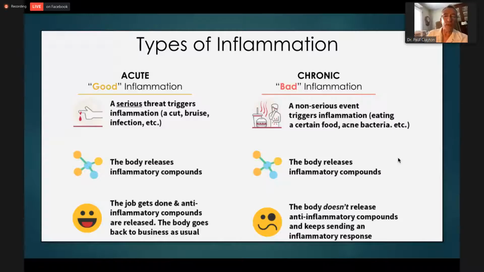I just want to differentiate between the two types of inflammation that we experience and explain how they differ and what their roles are.